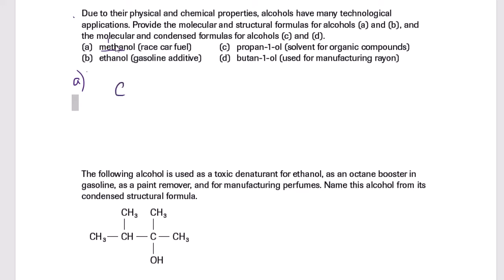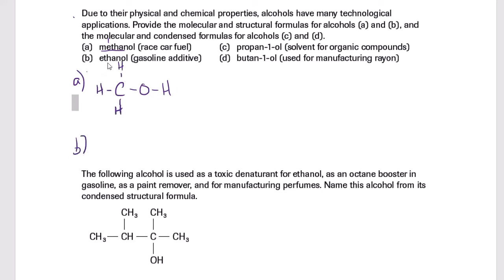Because it's a methane backbone. And it has a hydroxyl on the carbon. Now you notice it doesn't have a locant. It doesn't tell you where the hydroxyl is, and that's because it doesn't need to. There's only one carbon, so it has to be on that carbon. So there's my hydroxyl, and then the rest of the things on this carbon would be hydrogens. So there's methanol.